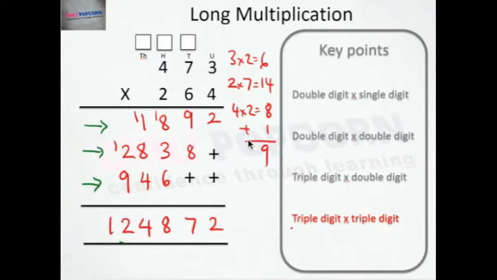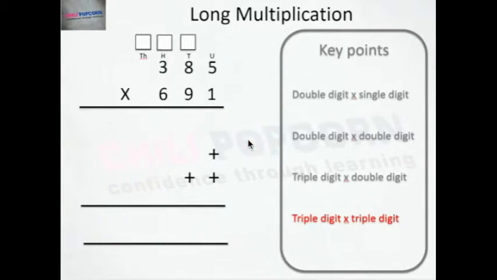So the answer is 124,872. Okay, let's do one more example and then you should really get the method.